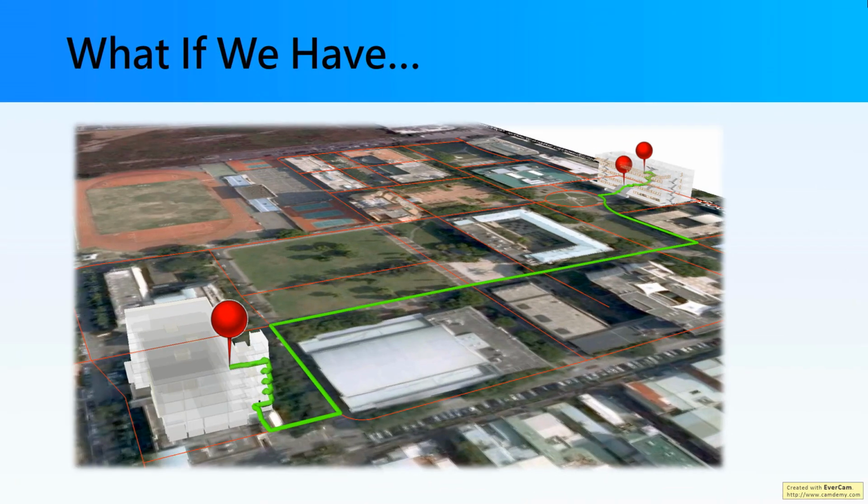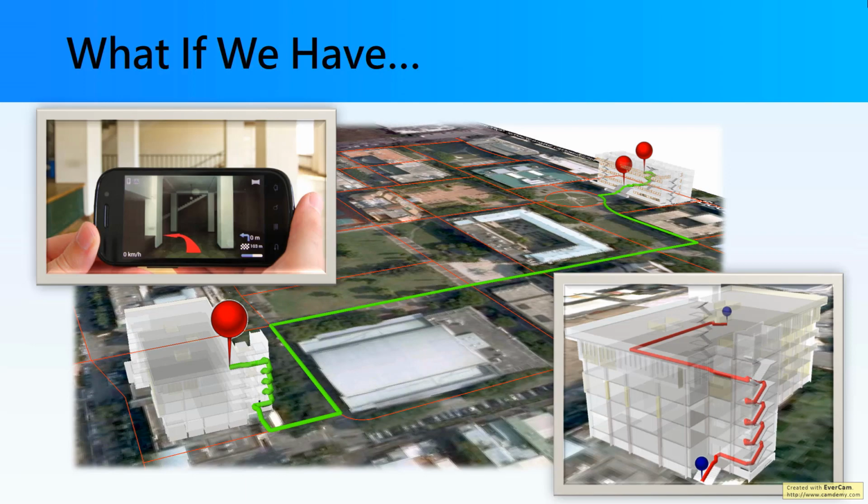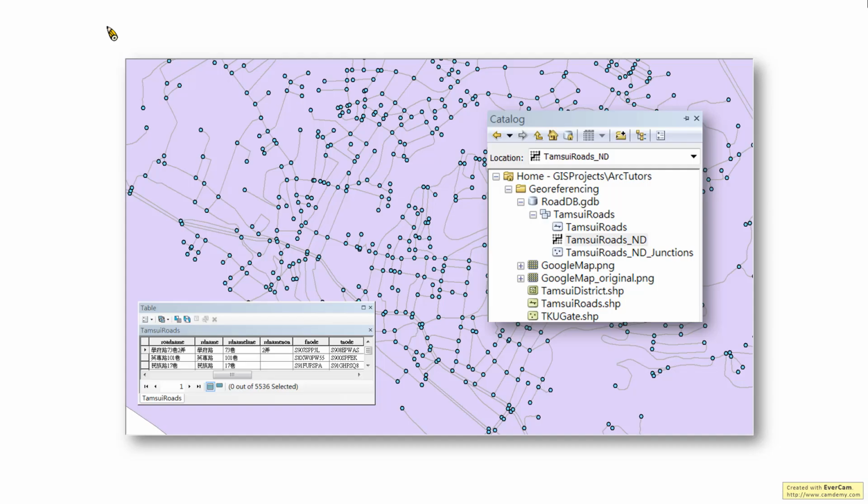What if we have an indoor version of Google Maps? You simply type in the origin and destination of your trip. The system automatically gives you the shortest path from point A to point B inside the building. Let's have a look at how Google Maps finds the shortest path.